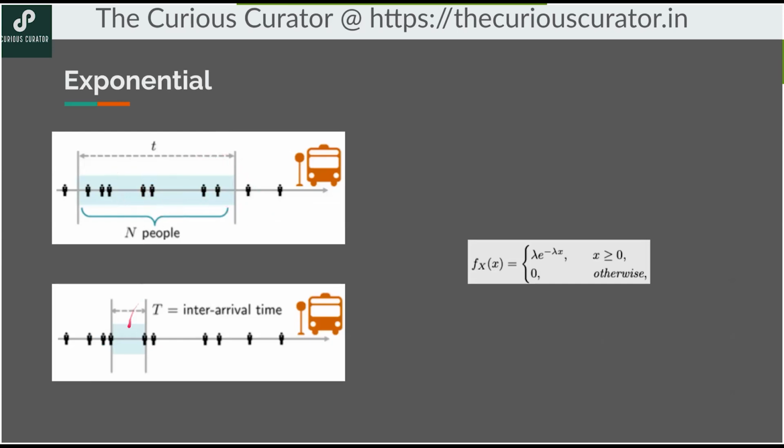But if you're interested in intervals, the inter-arrival time between two Poisson events, then that is distributed according to exponential. And this was the distribution. So we looked at how exponential came about from Poisson. By the way, you can arrive at this formula from multiple stories. This was from Poisson to exponential, but there might be other ways to reach the same formula. But this is the popular one.